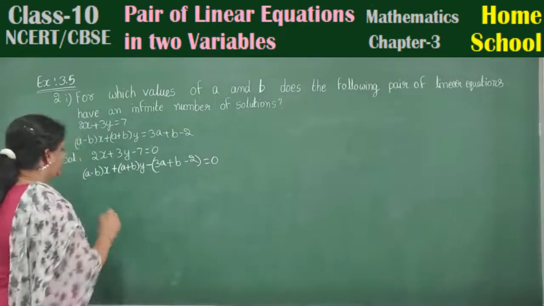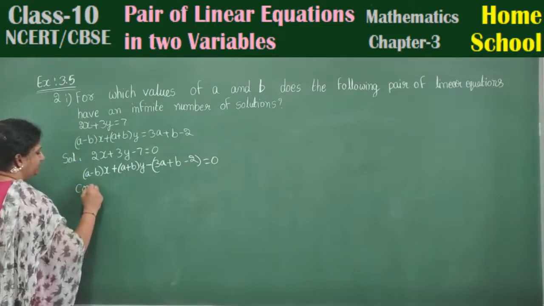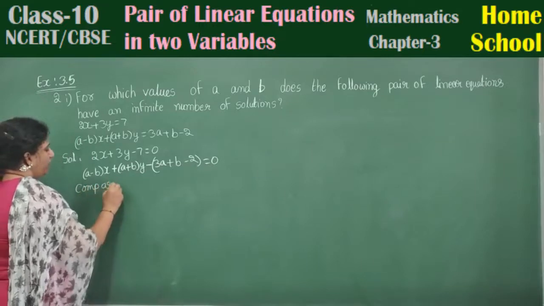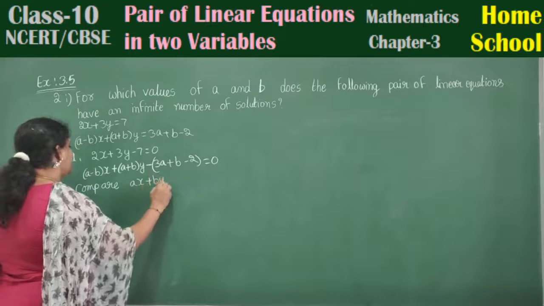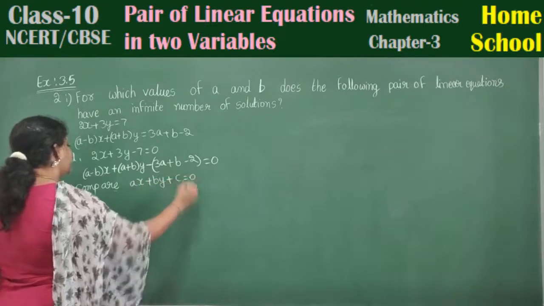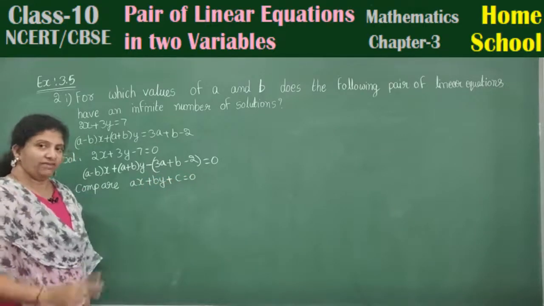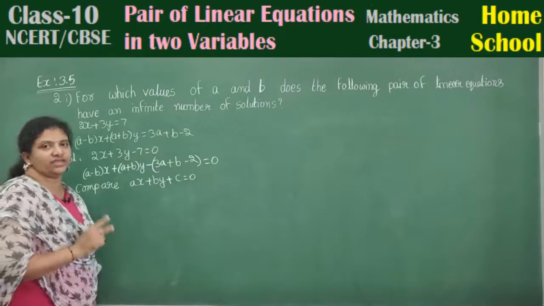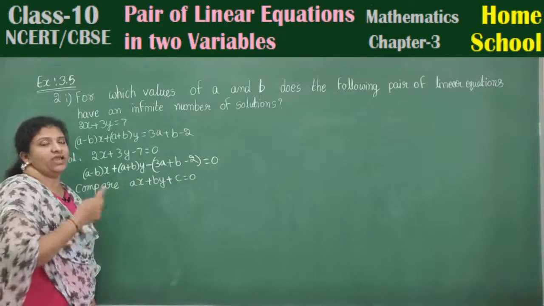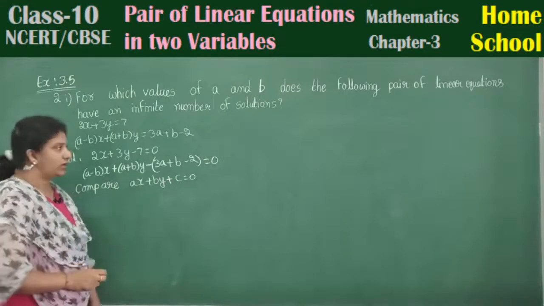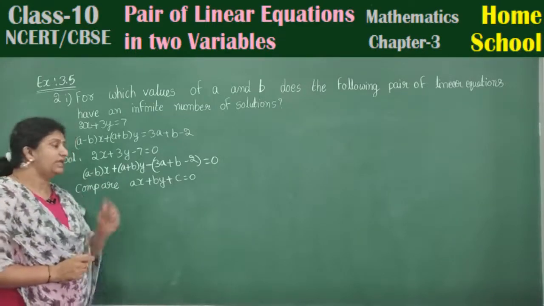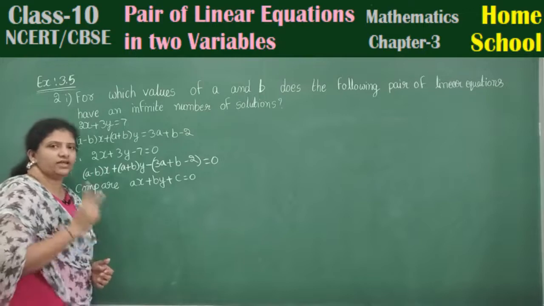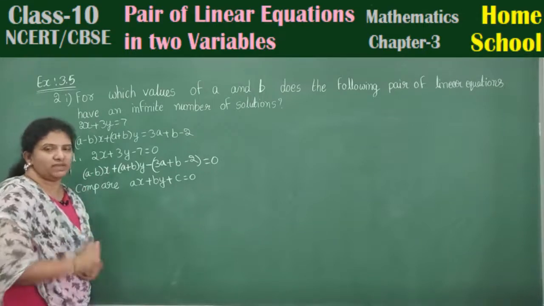Right? Now, compare the equations with the standard form, that is ax plus by plus c equal to 0. When we have two equations, we write it with a1, b1, c1, a2, b2, c2. Okay? So, what is the given question here? In your equations, there are two variables, a and b.